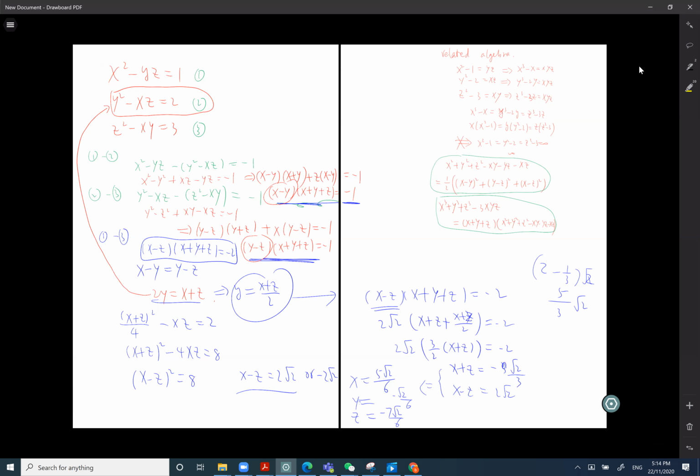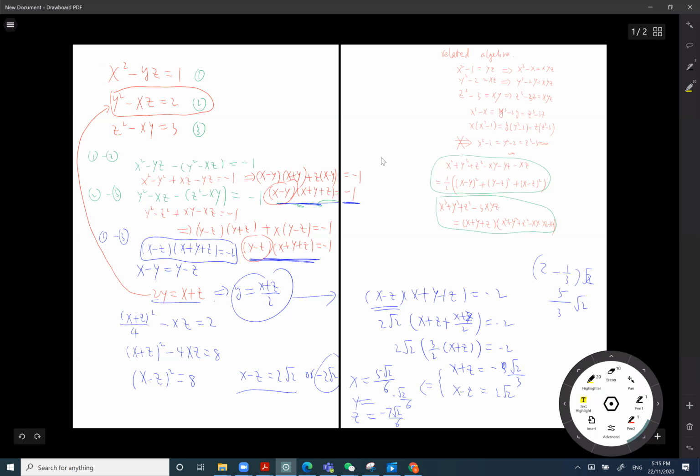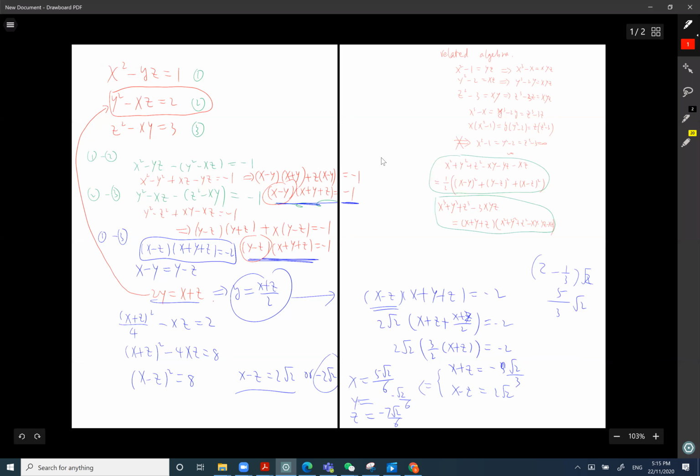Of course, for -1, you have the other one. Just all opposite. Brian, you got the same answer? The other one, x minus z equals -2 root 2.